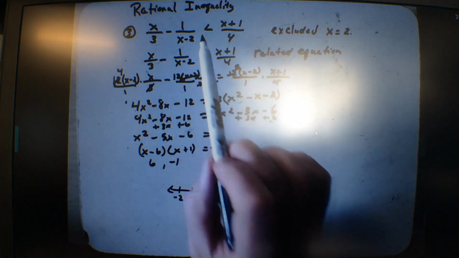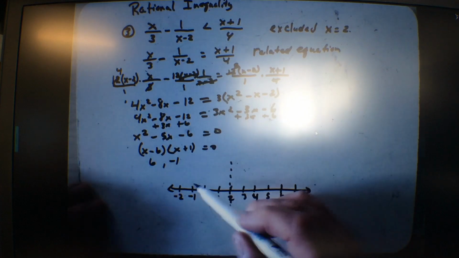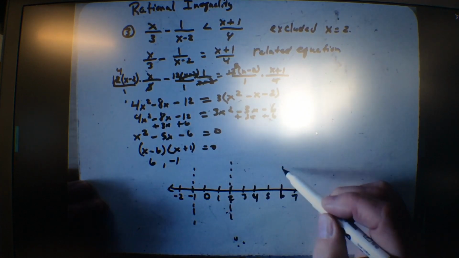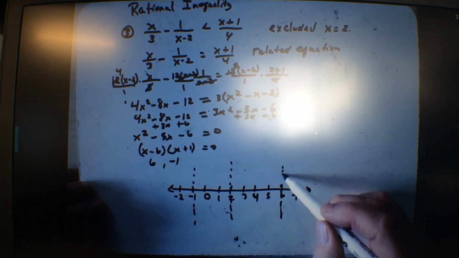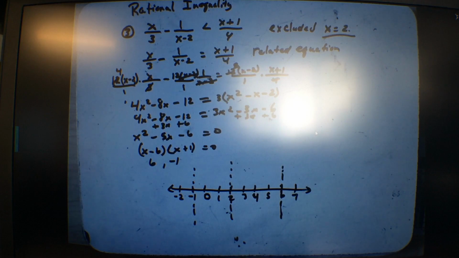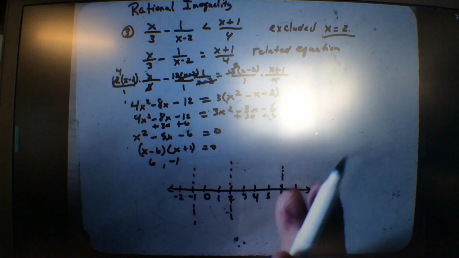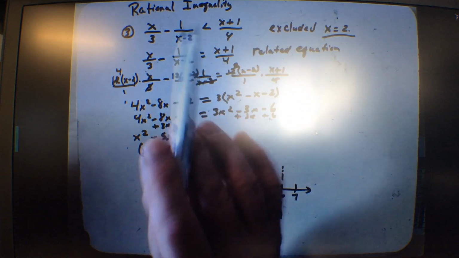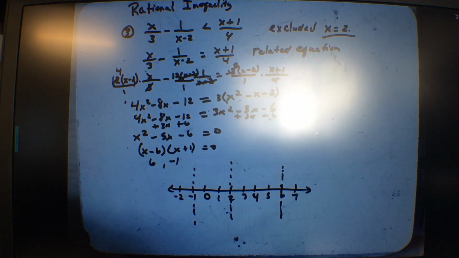But since it's just less than, these also have dashed lines. The excluded value always has a dashed line. The other 2 would have a solid line if I had an equal sign with the less than or greater than. Does that make sense?